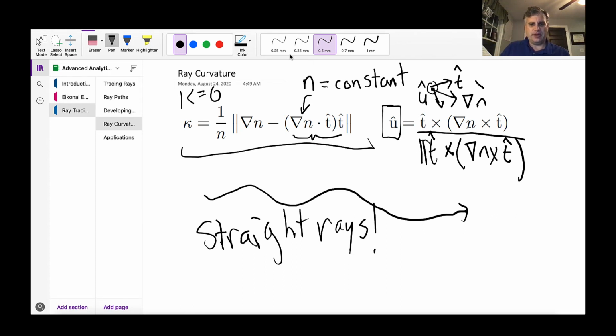If, however, I do have a gradient, the stronger the gradient, the more the curvature, unless that gradient happens to be aligned already with the trajectory of the ray.